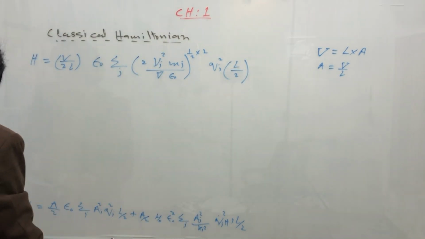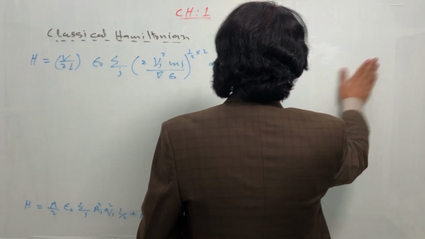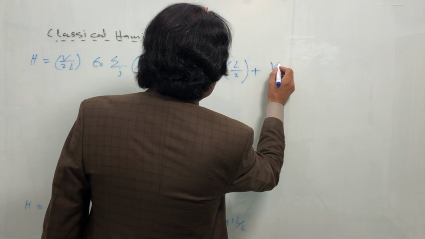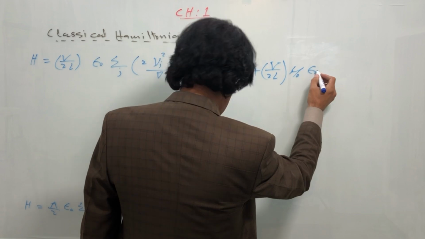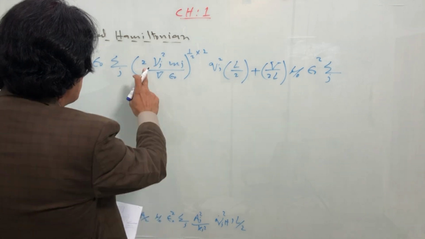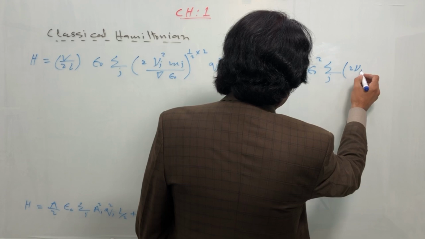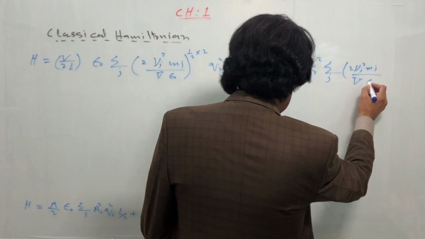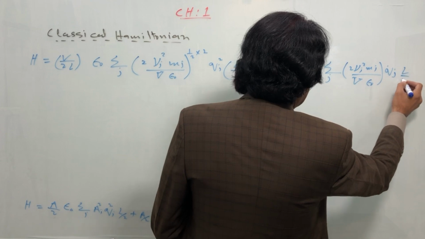So this is one term, and the other term is a divided by 2, the same process, V divided by 2L, mu naught epsilon naught square, summation over j, where the value of aj is 2 nu j square mj divided by V and epsilon naught, q dot j and L divided by 2.